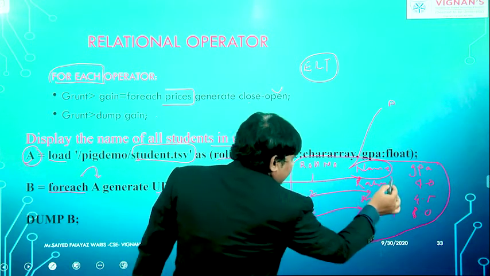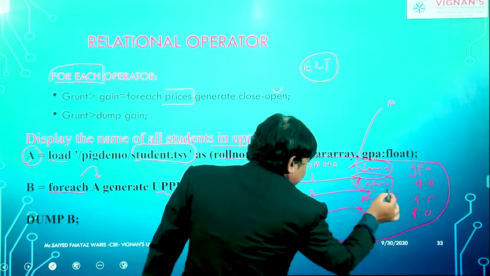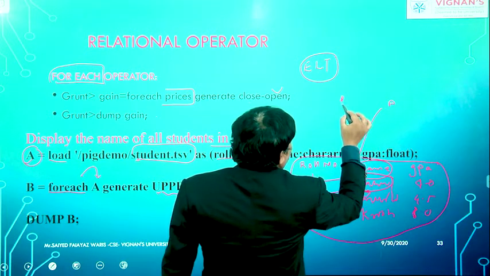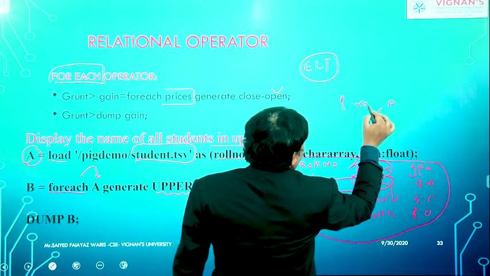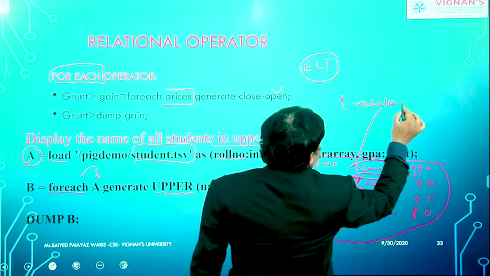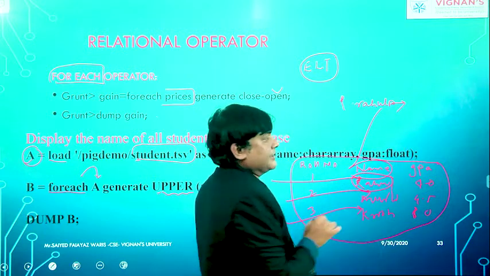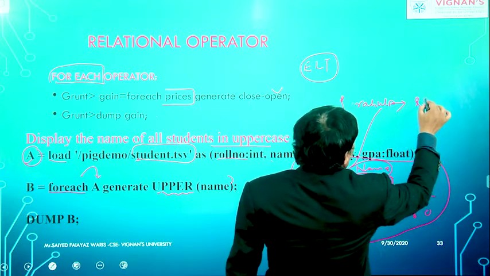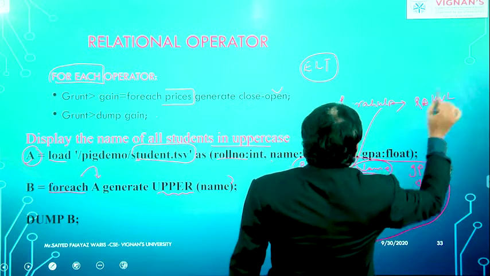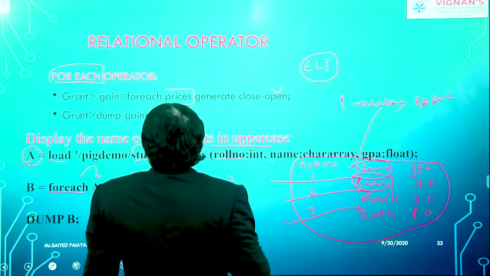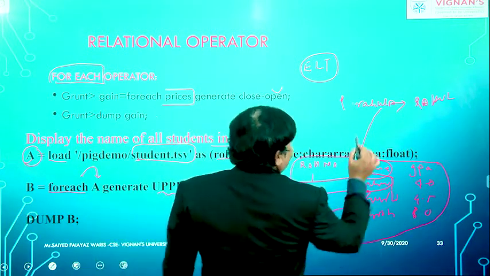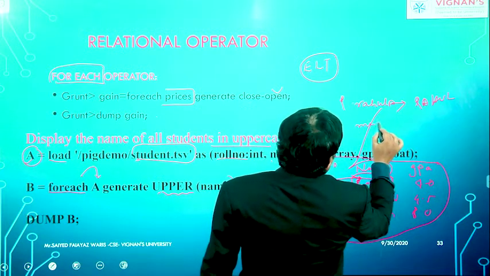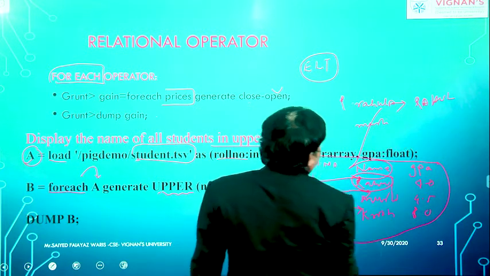If you write this name in small letters, suppose Rahul is in small letters, what result are you going to get? You're going to get the capital letters, that is, RAHUL, in this way. Suppose I have Murli, and if it is in small letters, what happens?